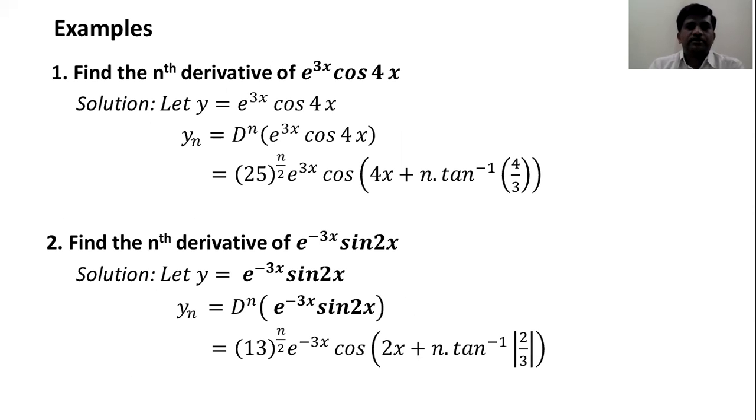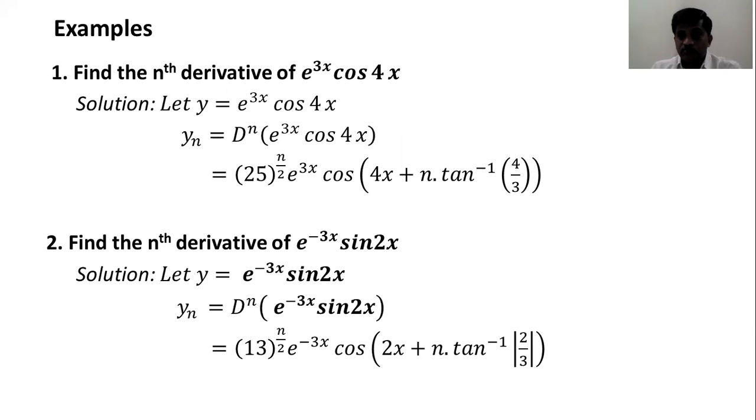Let us take related examples. Find the nth derivative of e^(3x) cos 4x. Let y is equal to e^(3x) cos 4x. Take the nth derivative on both sides. Then yn is equal to d^n of e^(3x) cos 4x. It is in the form of e^(ax) cos bx.